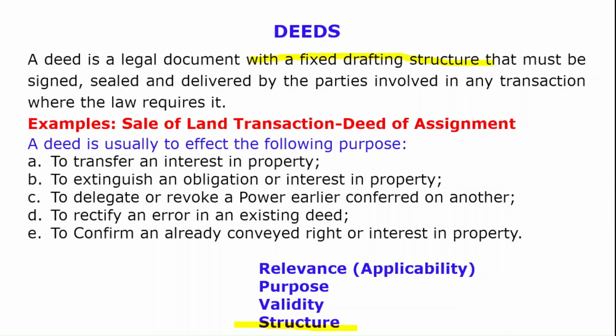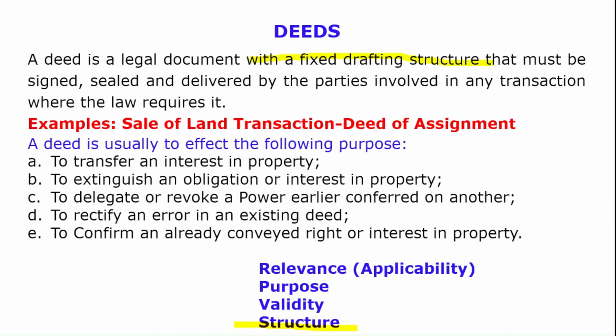The assignee, probably being a layman, might not necessarily see the importance of that information, but because you know that the reason why a deed follows a structure is that every piece of information necessary to give force of authenticity, legitimacy, and validity to that document, you know what information to elicit from the parties.